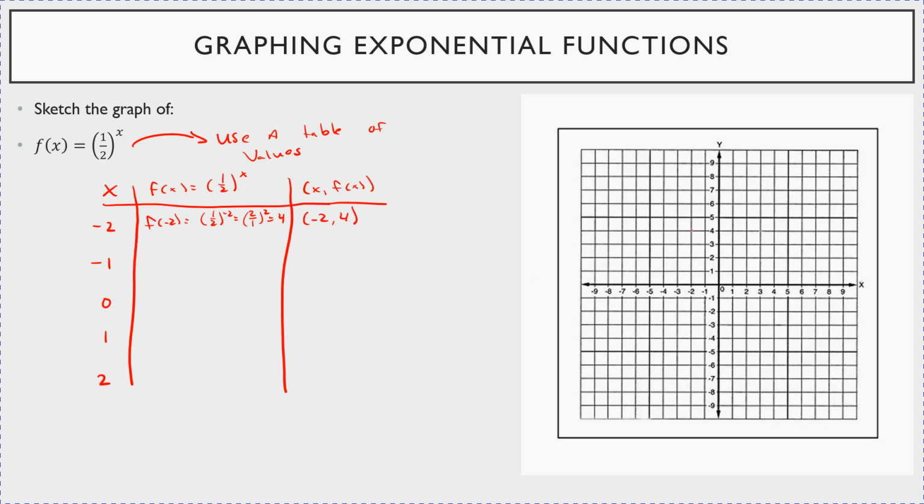Here's -2, here's 4. And then you're going to see the pattern. It's basically just a reflection in the y-axis of 2 to the x, you'll see. So 1/2 to the -1 is the same thing as 2 over 1 to the first power, which is just 2.